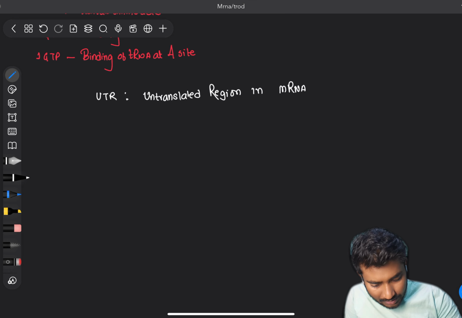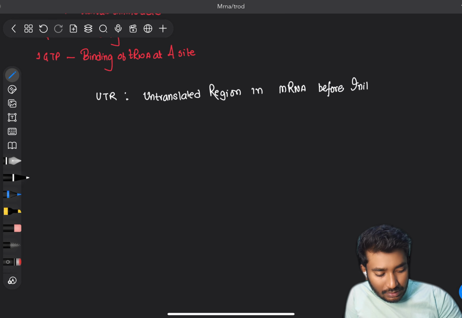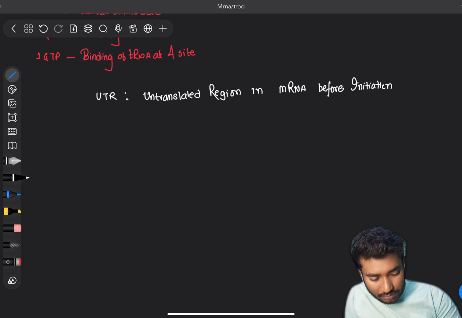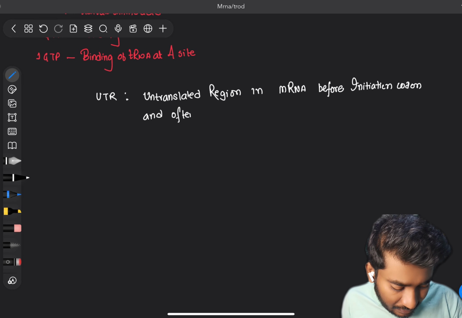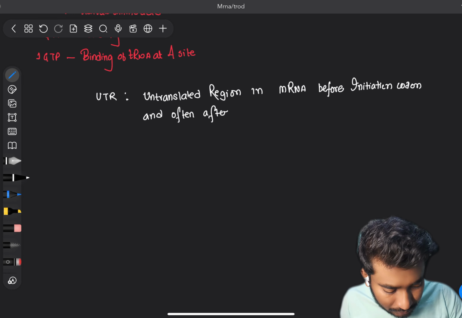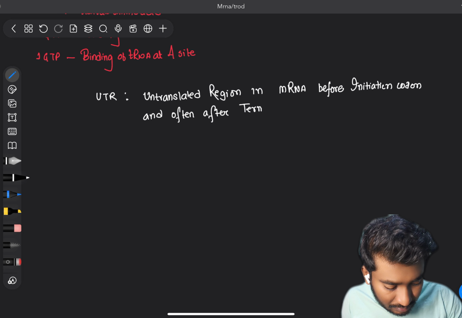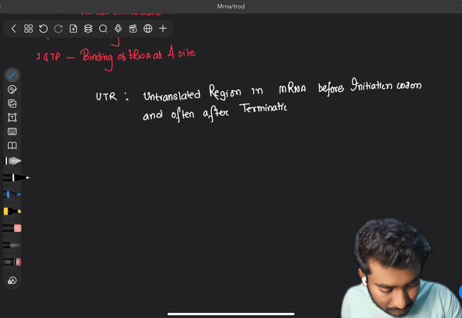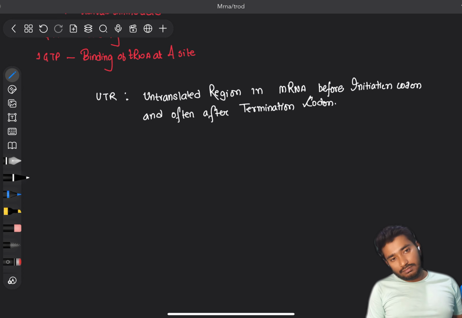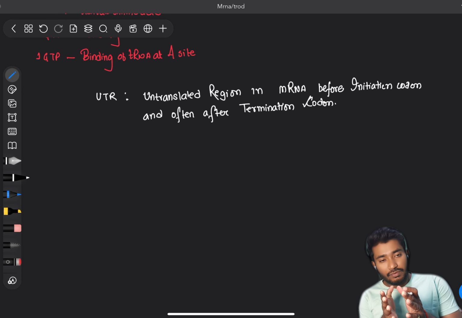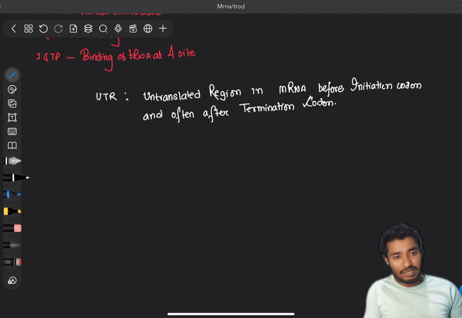Untranslated region in mRNA before the initiation codon and often after the termination codon. So it's a region before the initiation codon and after the termination codon.